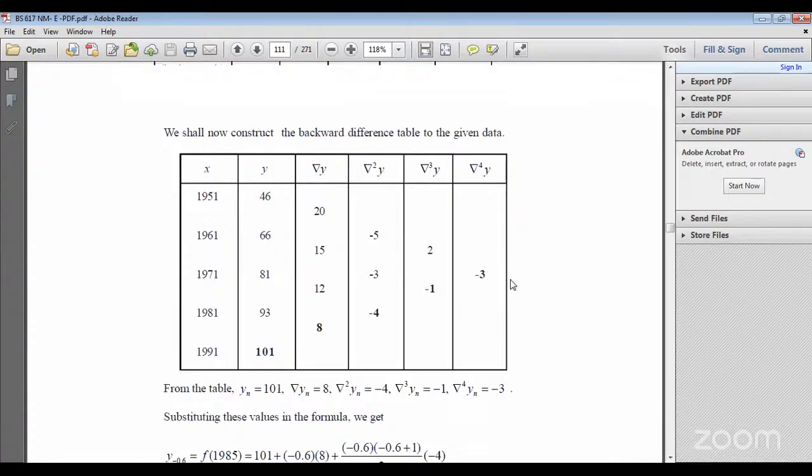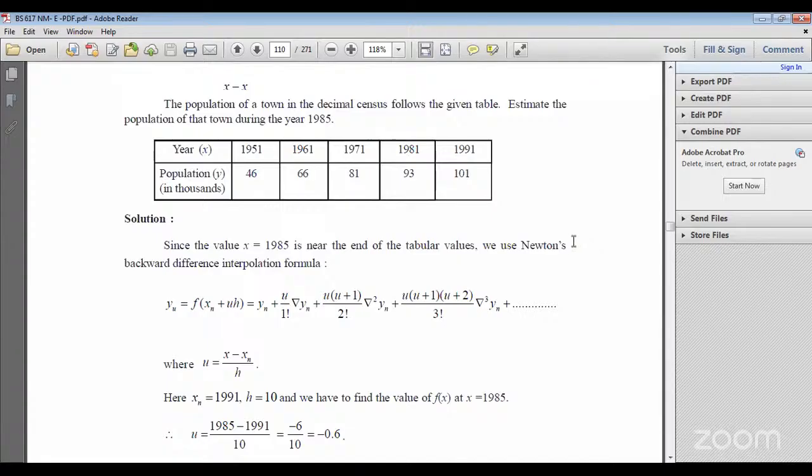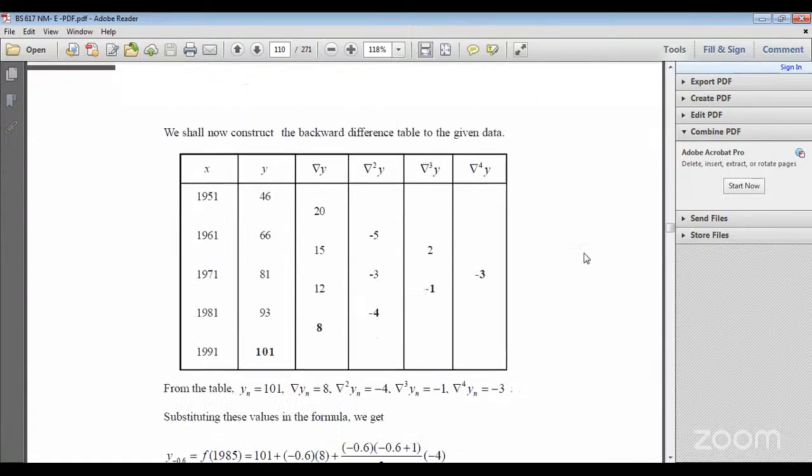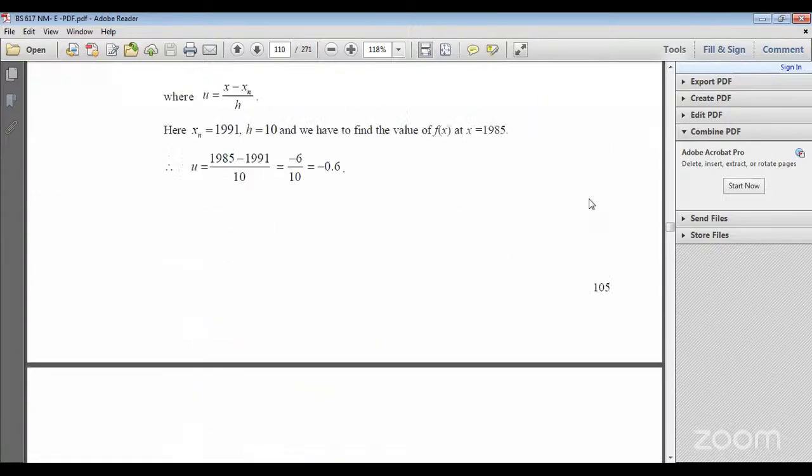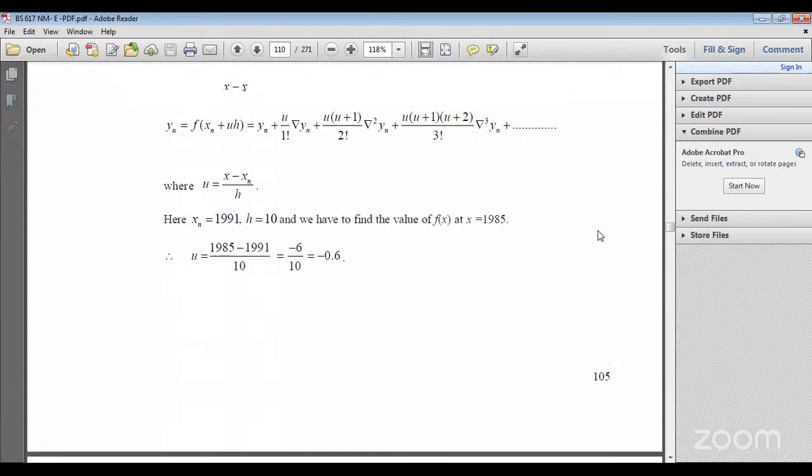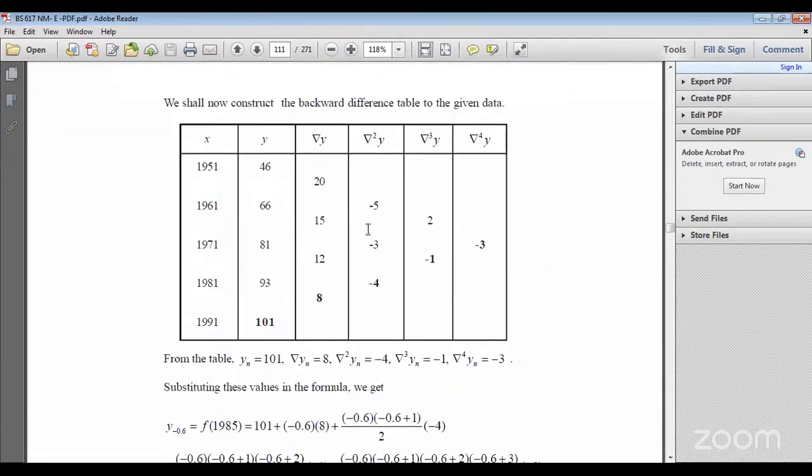So we shall now construct the backward difference table for the given data. 1950, 1951, 61, 71, 81, 91. So therefore 46, 60, 46, 66, 81, 93, 101 we are taking here. So again we are taking here 66 minus 46, 20. 81 minus 66, 15. 93 minus 81, 12. 101 minus 93, 8. 15 minus 20 is minus 5, 12 minus 15 is minus 3, 8 minus 12 is minus 4.